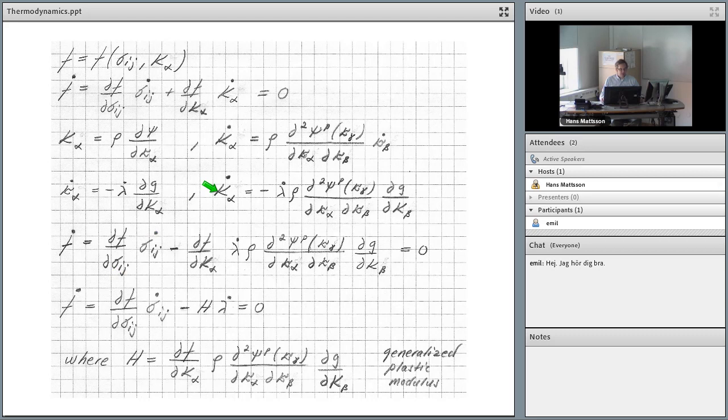And I substitute this result into this equation here, and I get this result. Then I substitute this result into the K dot alpha in the consistency relation, and the consistency relation will be like this.